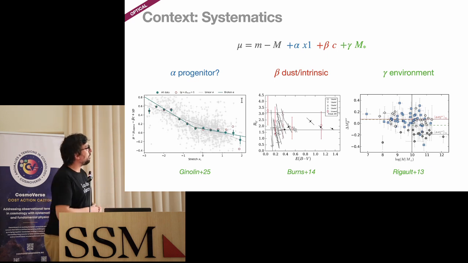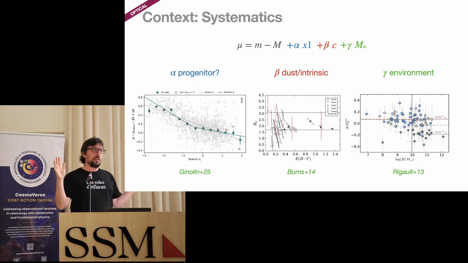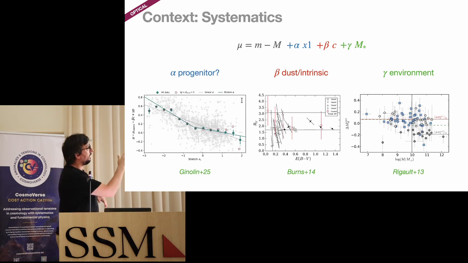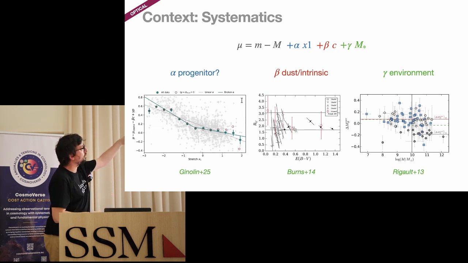On the right, I put some plots from Miquel Rigol on the environments. This is a very nice paper from 2013 where they look at the environment, but not at the global parameter like the mass, but at the position of the supernovae. So here, this is something related to the Hubble diagram against mass, but the colors depend on how intense the H alpha emission is at the position. So, active star formation at the position.